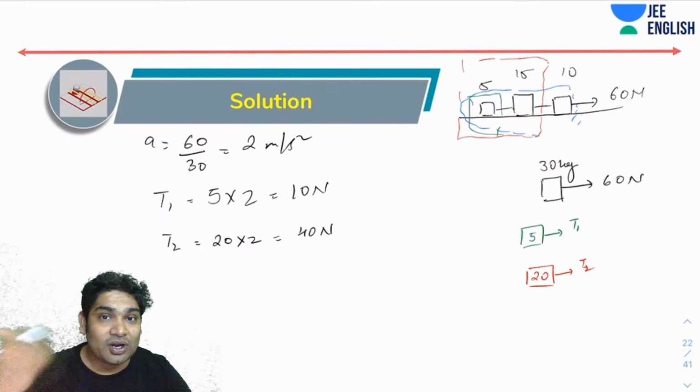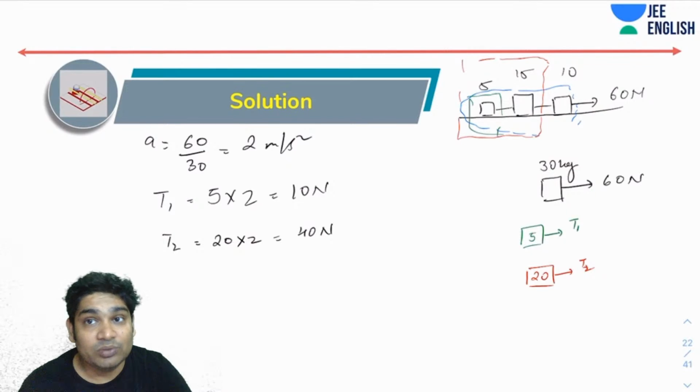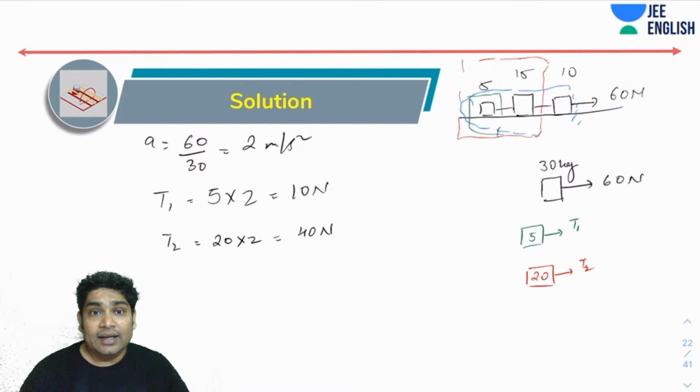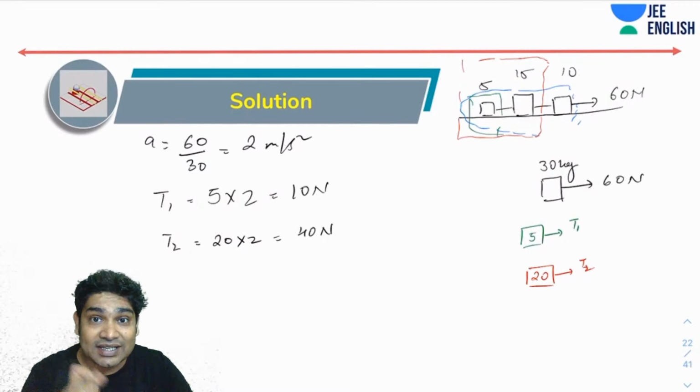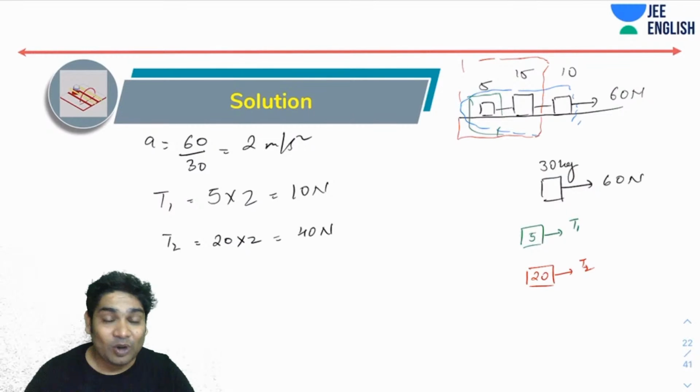If you can choose your system wisely in every problem. So remember this. Get some practice and start choosing your system wisely. The moment you start choosing your system wisely, the problem solving would be very, very easy. I hope you could see that from here. So for finding the acceleration, I chose my system to consist of all three masses.